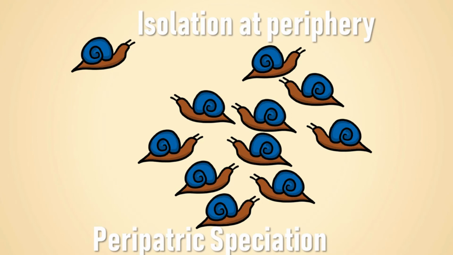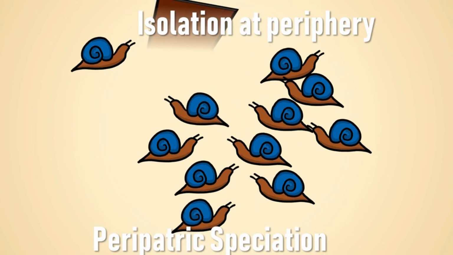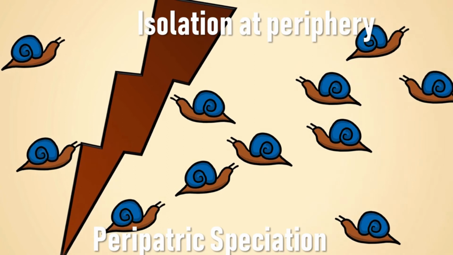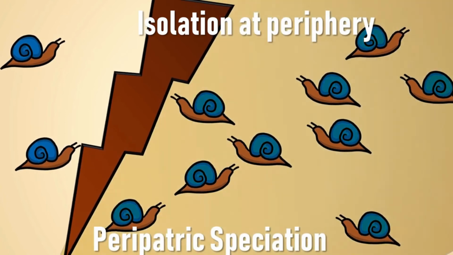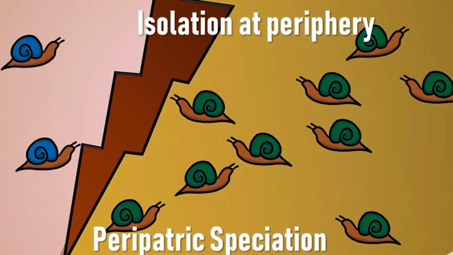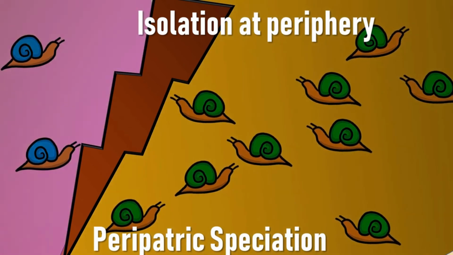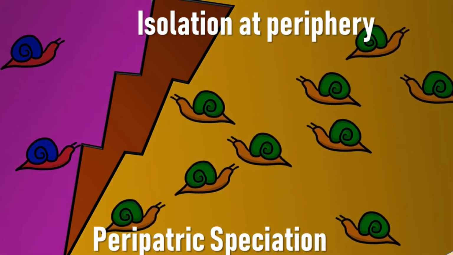Peripatric speciation is similar to allopatric speciation, wherein the geographical isolation occurs at the periphery, isolating a small population. This small population evolves separately from the parent population, and over a period of time, two separate species are formed that cannot mate with each other.